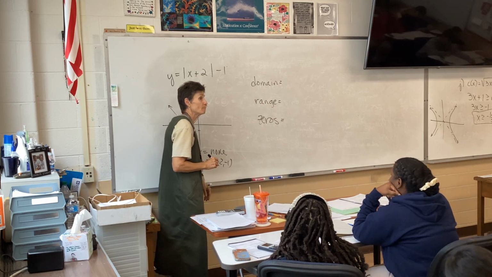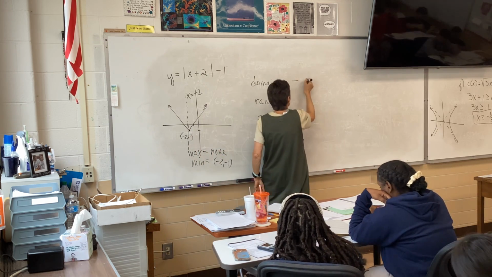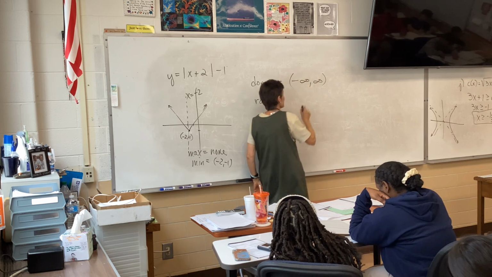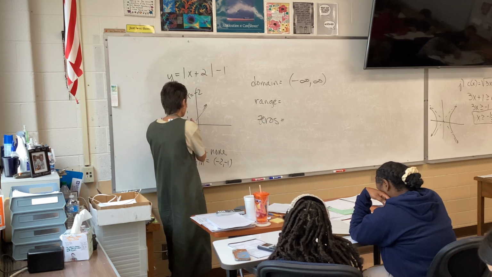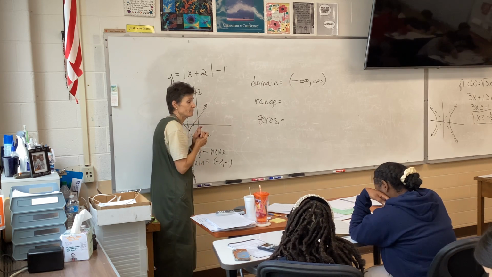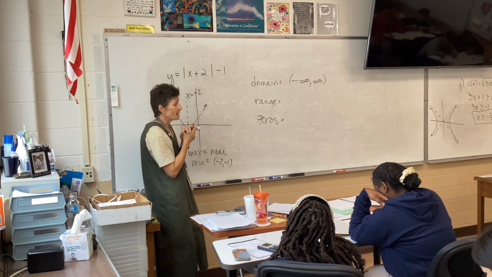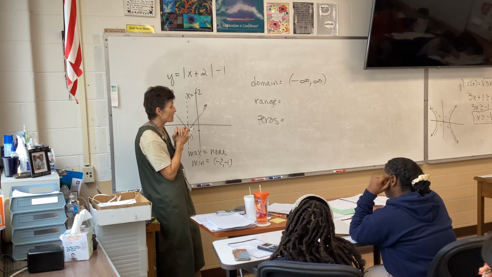Katie. Bingo. Average guy on the street is going to say all real numbers, right? Everything. This thing goes forever left and right, nothing stopping it, so negative infinity to infinity, very good.